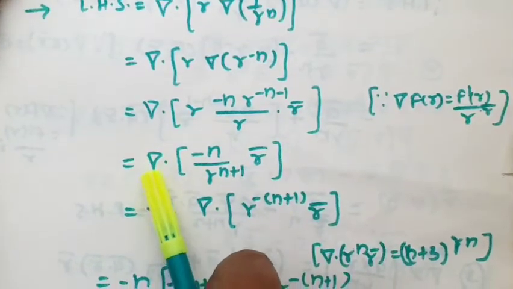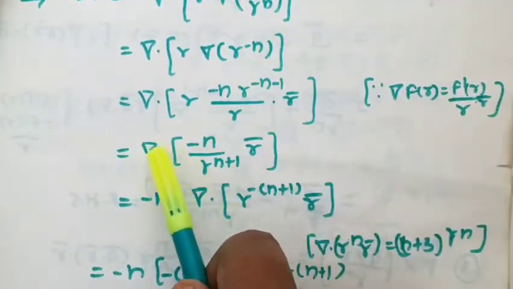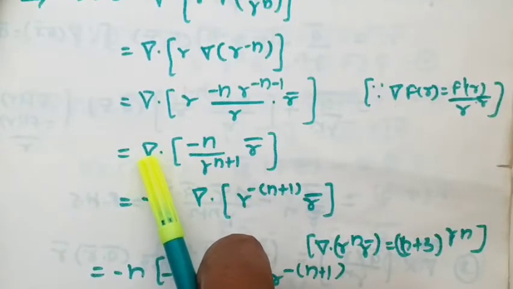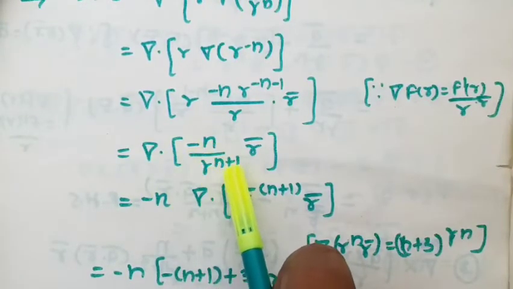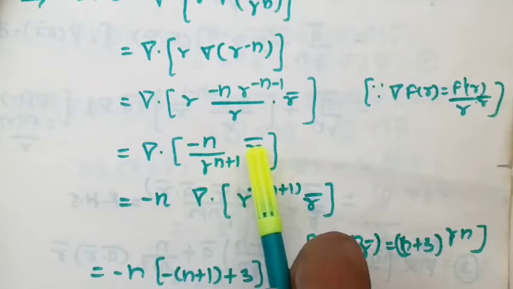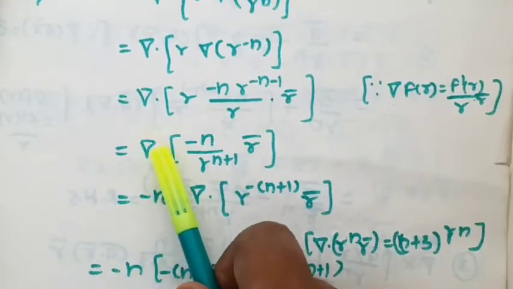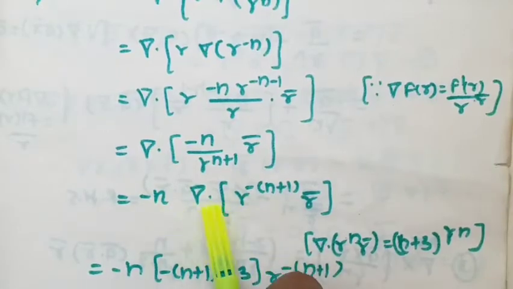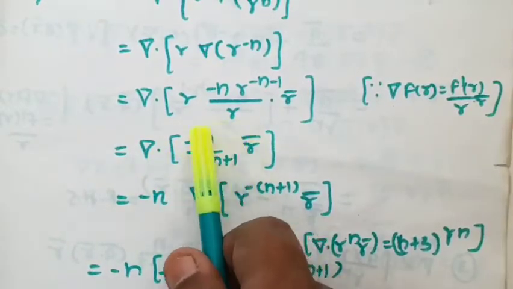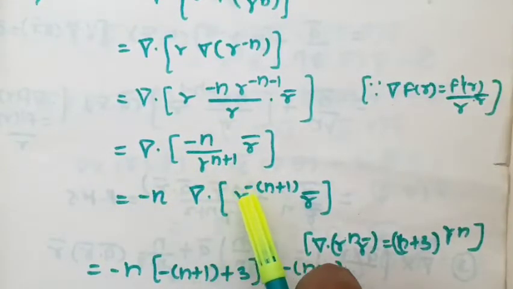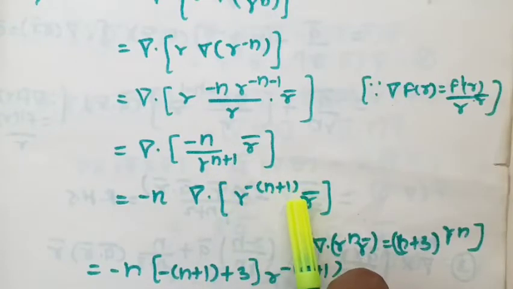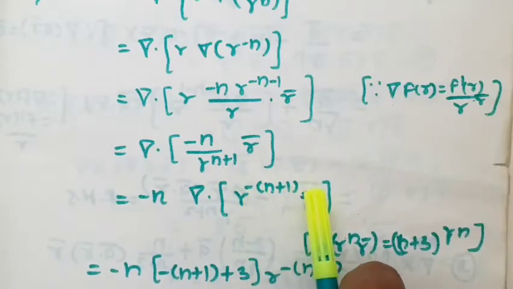Now we have simplified the second del up to this step. Now operate the second del. It is del dot minus n divided by r raised to n plus 1 r bar. Now this minus n is a constant and del is a differential operator, so minus n can be taken outside. Del dot, this can be written as r raised to minus n plus 1 into r bar.